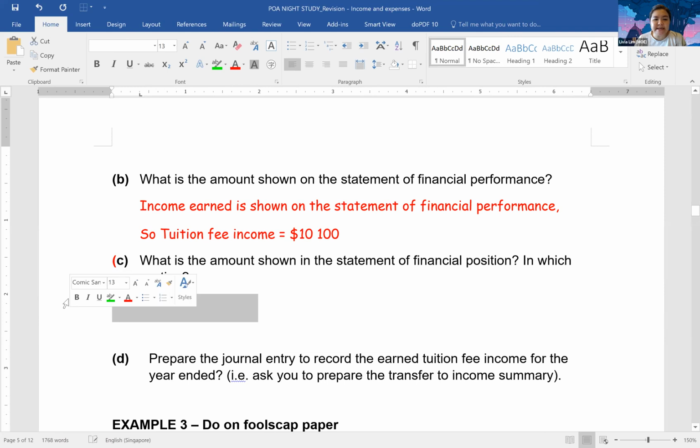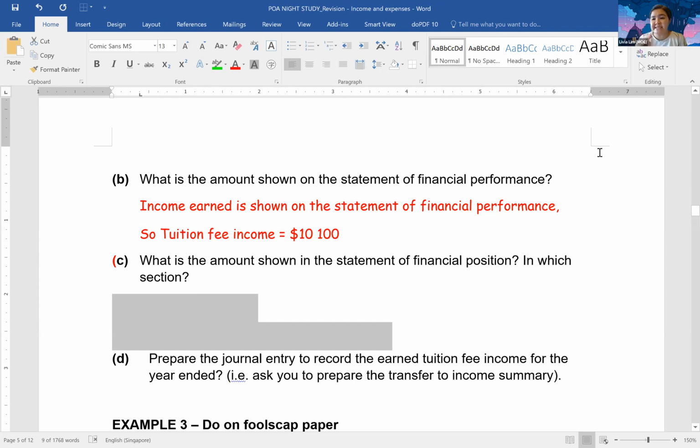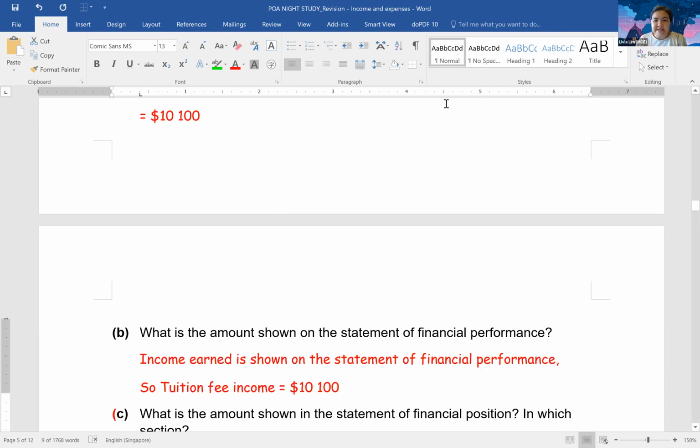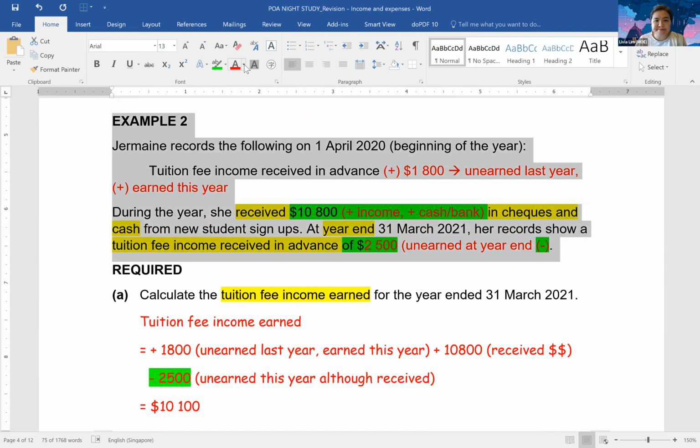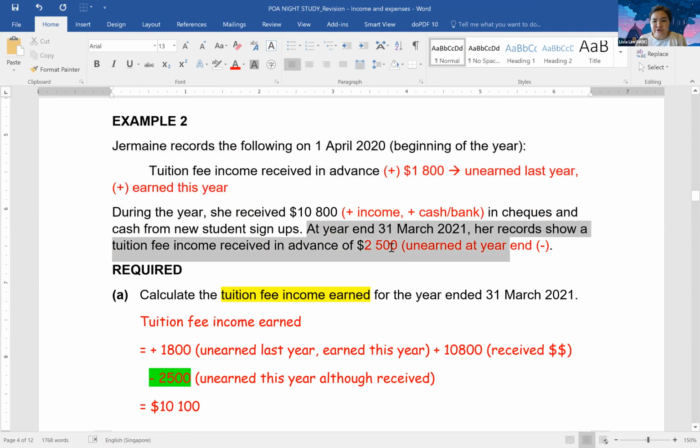All right, so what is the amount that is shown inside the statement of financial position? Just to remind everybody, the statement of financial position is where your assets and your liabilities are. Now for the year end, there is only one item that is going to be shown inside your statement of financial position. It is this amount. At the year end, they already tell you here directly.